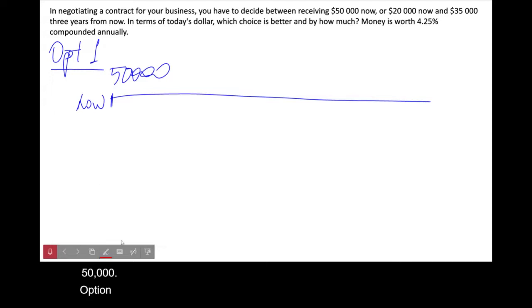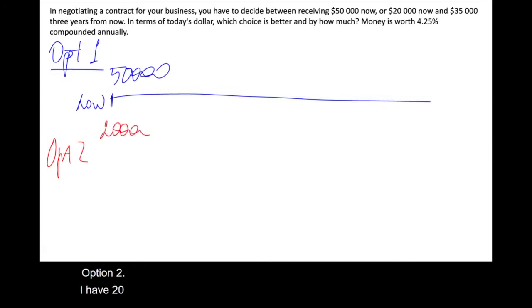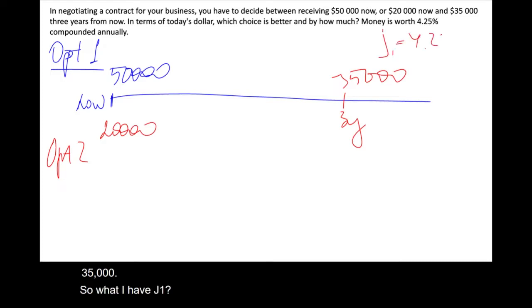Option two, I have 20,000 now, and in 3 years I have 35,000. So what I have is J1 for 25%. With option one, everything is clear. It's 50K today, and that's it, right?